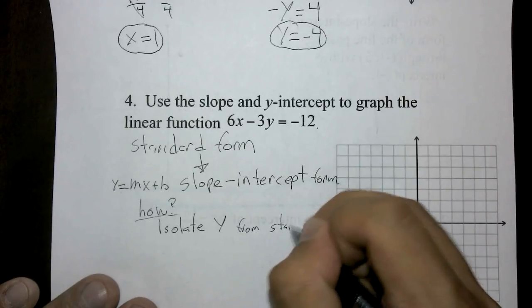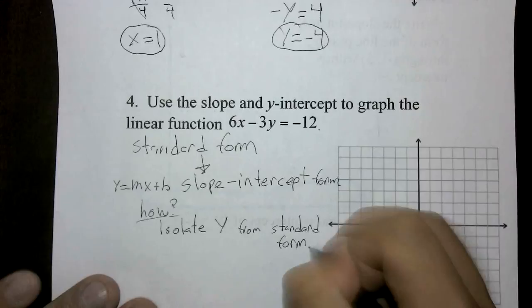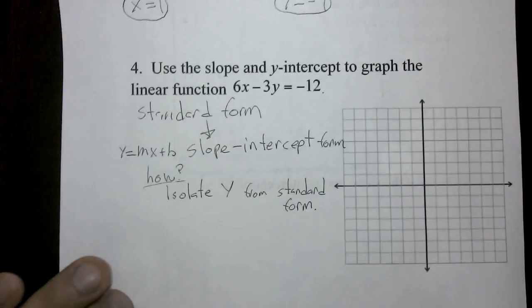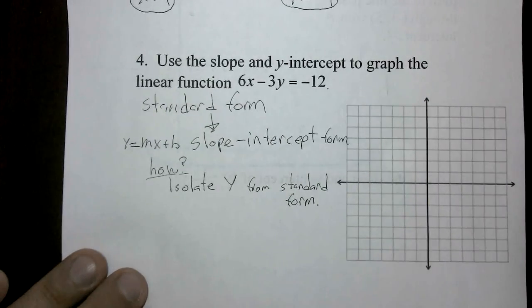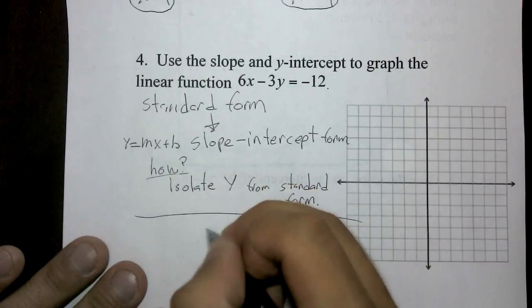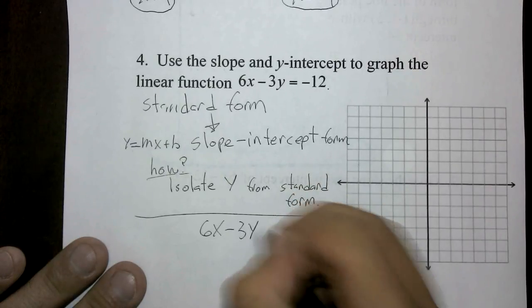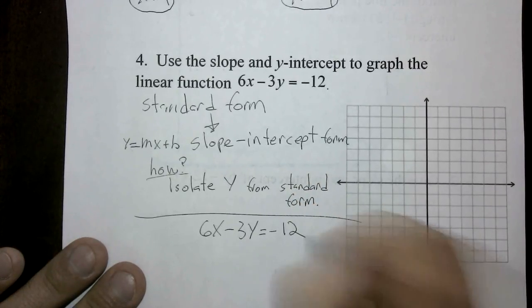If we isolate y from standard form, that will get us where we need to be, because it's pretty easy from there to decide what the slope is and the y-intercept. So if we rewrite our equation, we have 6x minus 3y equals negative 12.